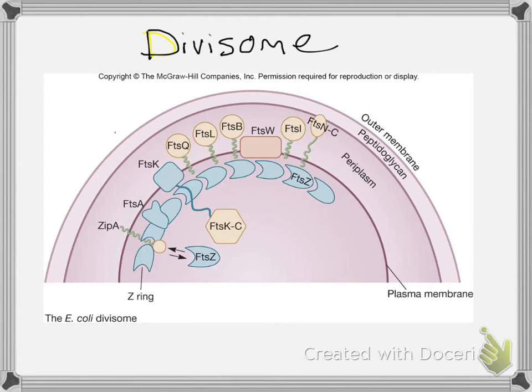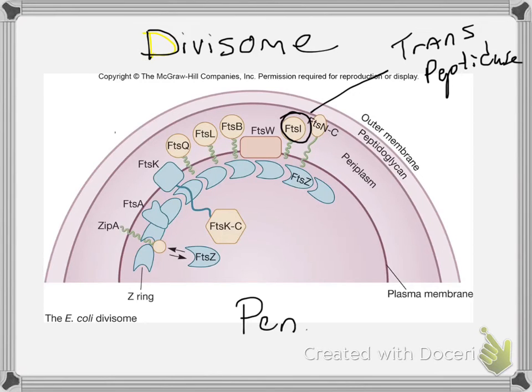Then we have FtsI and FtsW. FtsI is our transpeptidase and our penicillin binding protein. This is the thing that penicillin will bind to, preventing it from making the wall.